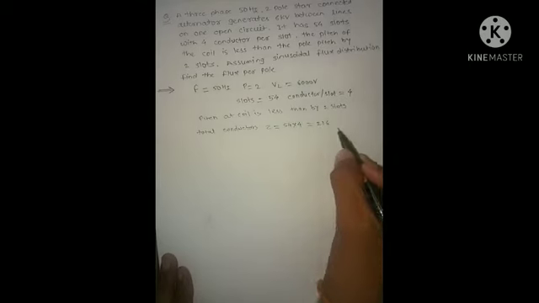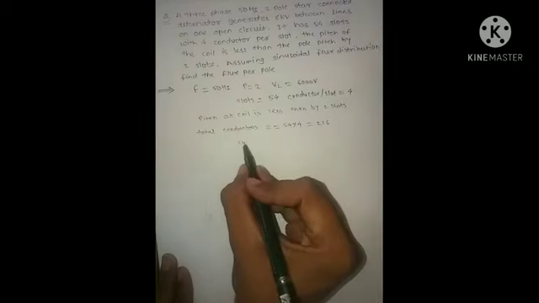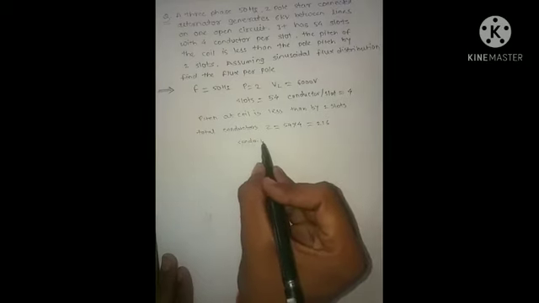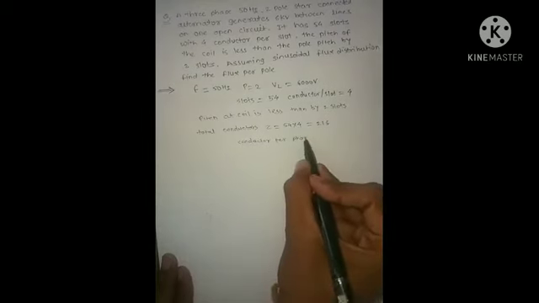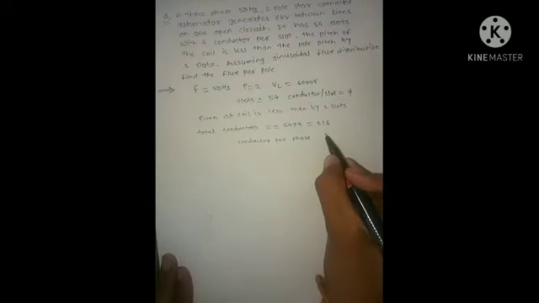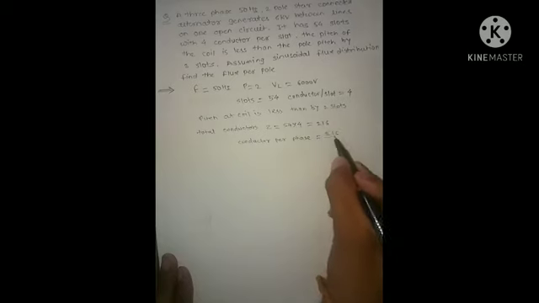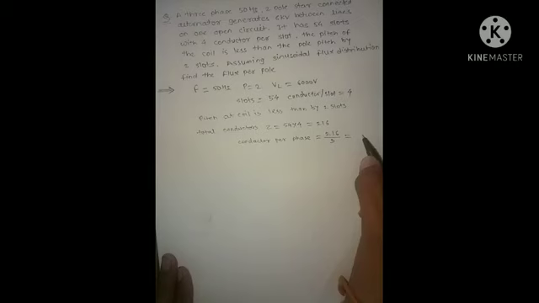Okay, after that conductors per phase equals 216 divided by the phases, 3. So by solving it we will get 72 conductors per phase.